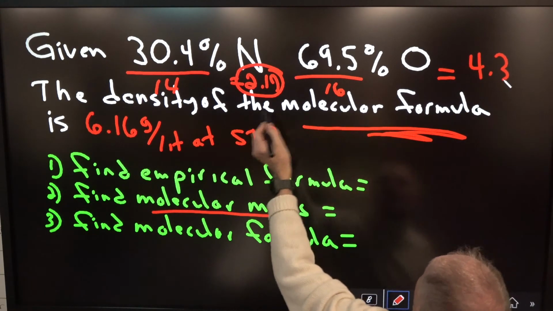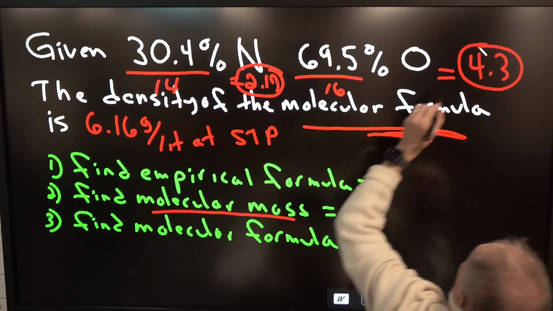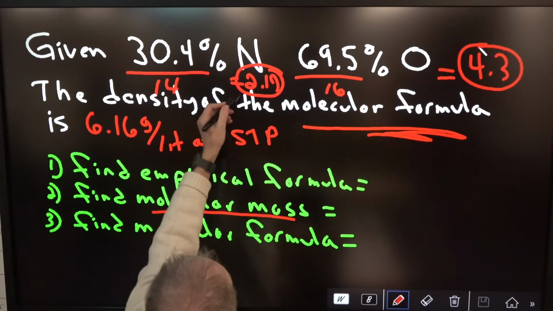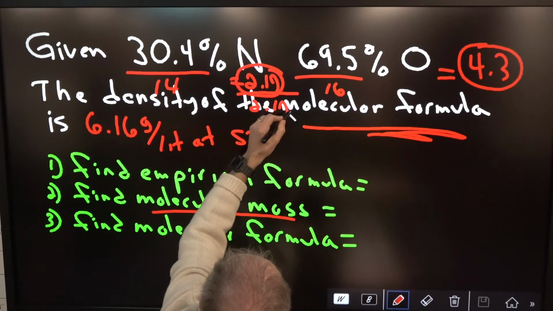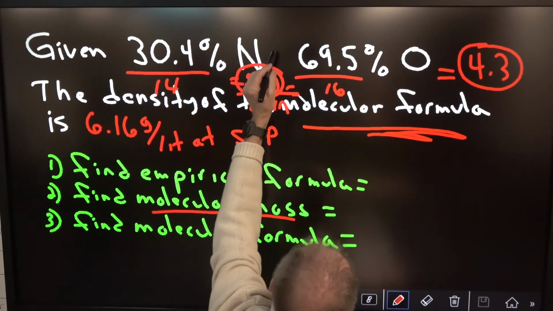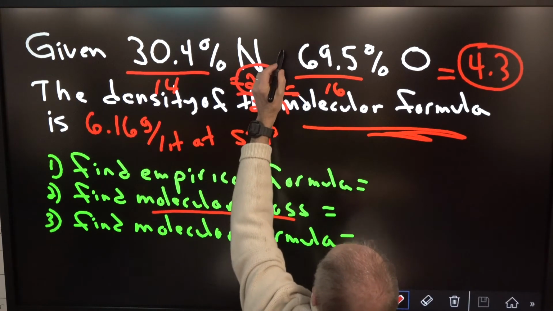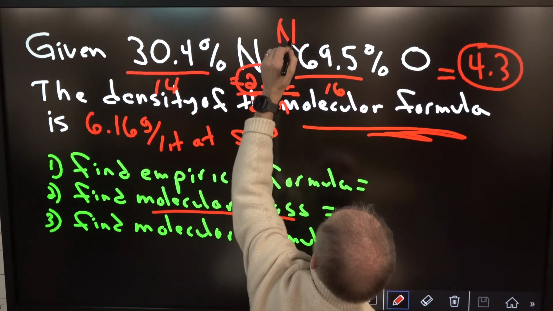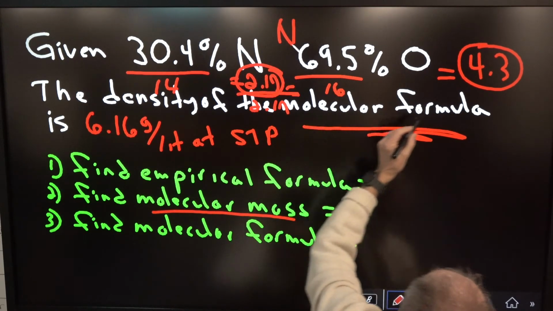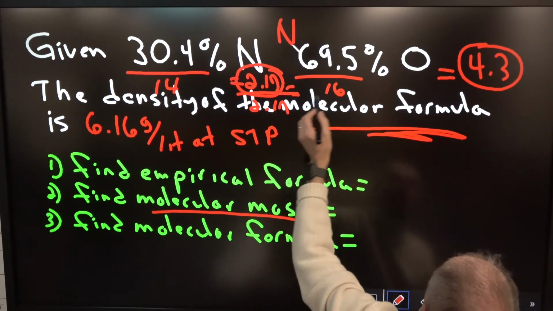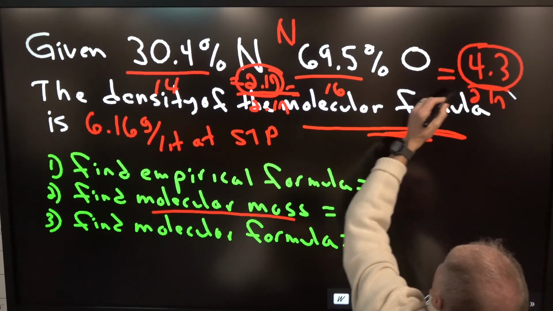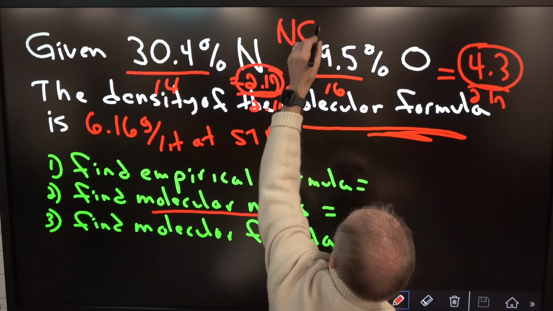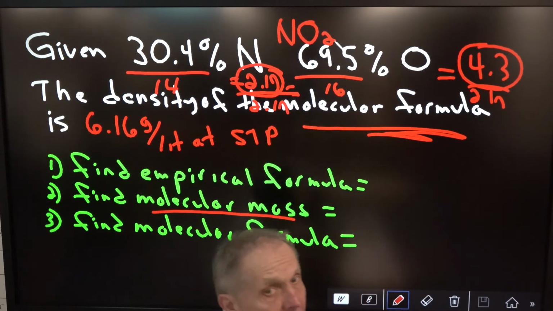Now we divide those two by the lowest, which is 2.17. We divide 2.17, we get 1 N. And when we divide 4.3 by 2.17, we get 2. So now we know NO2 is the empirical formula.